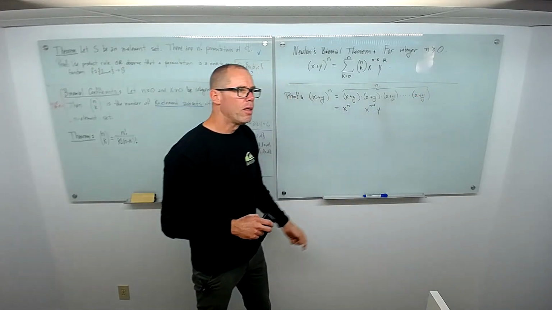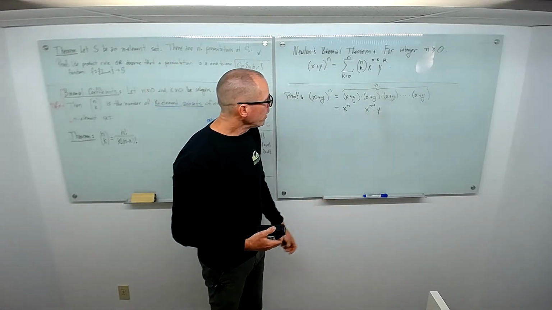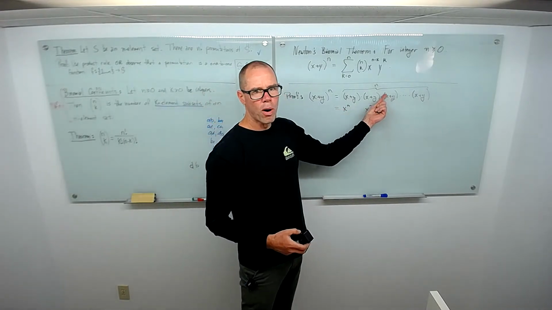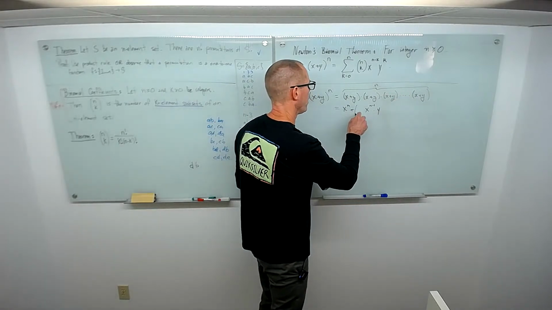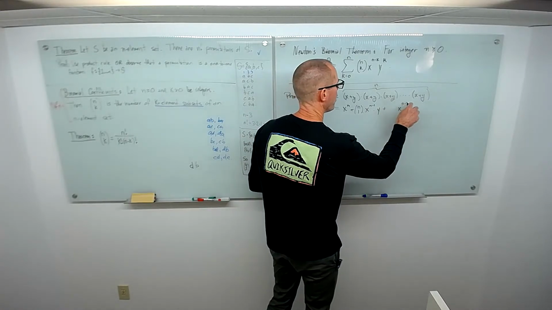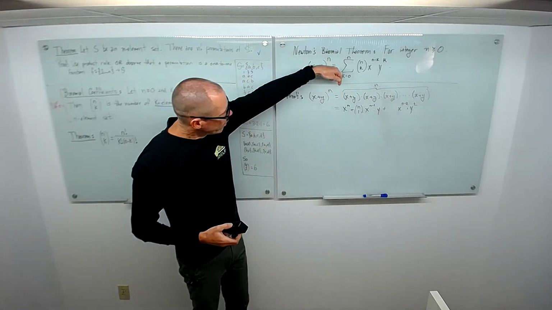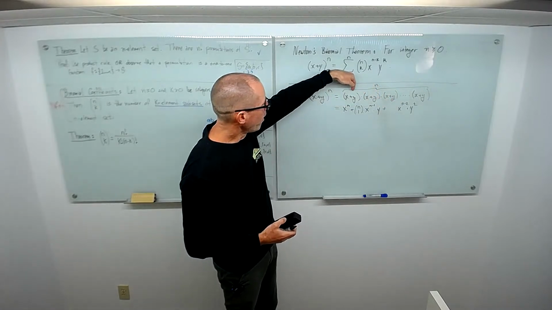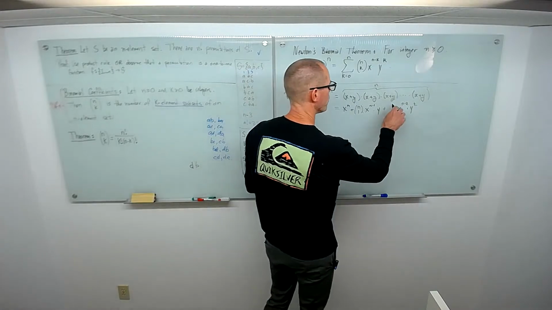So really, the number of ways to get this term is n choose 1. I pick the place where I'm going to choose y. Everywhere else, I choose x. So then I get n choose 1. And similarly, for x to the n minus 2 y squared, I choose two places where I'm going to pick y, and everywhere else I pick x, and that gives me this n choose 2.